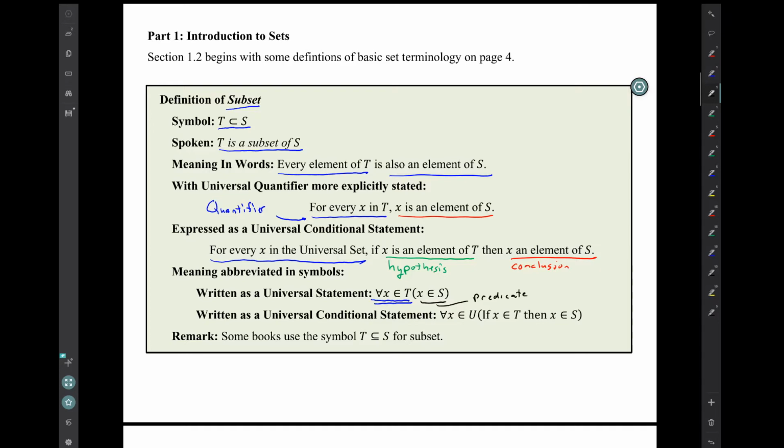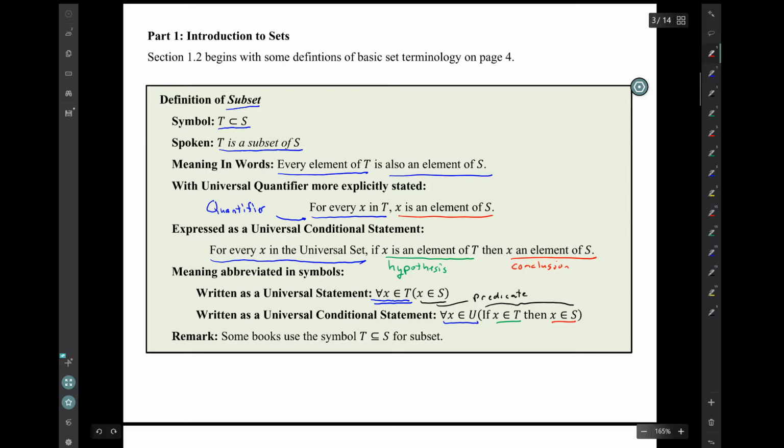Now writing the universal conditional statement in symbols looks this way. For every x in the universal set, the predicate then is this entire thing in parentheses, which is a conditional statement. The x is an element of T is the hypothesis of that conditional statement, and x is an element of S is the conclusion of that conditional statement.